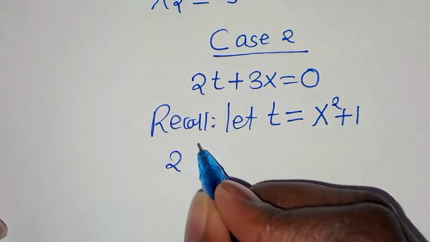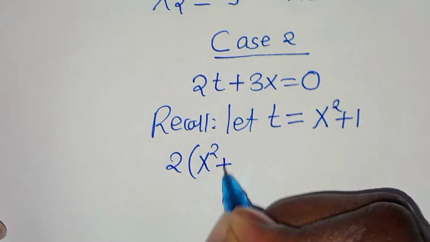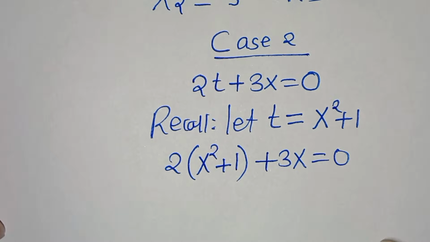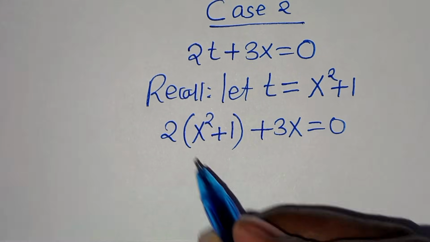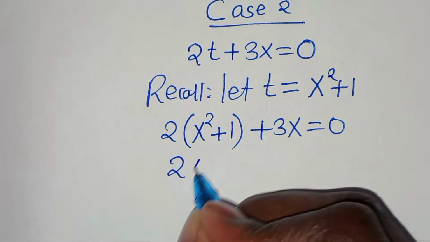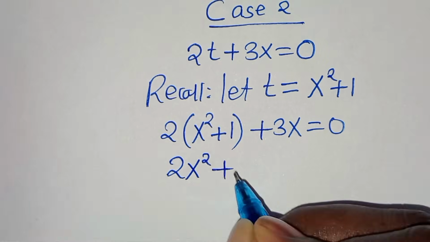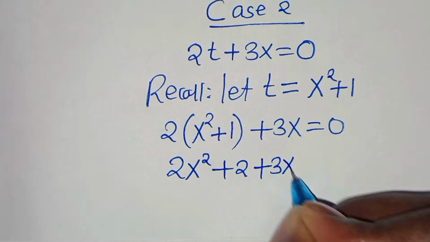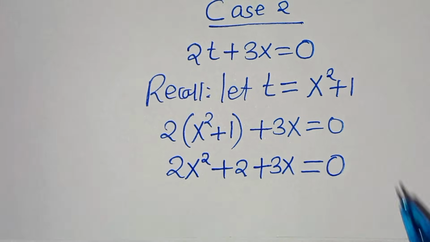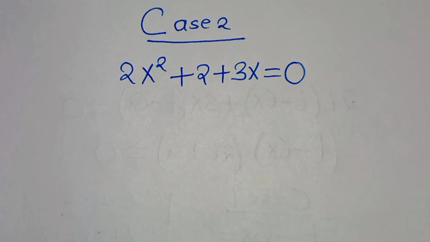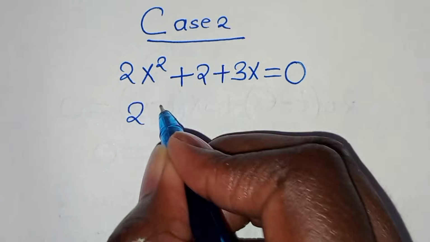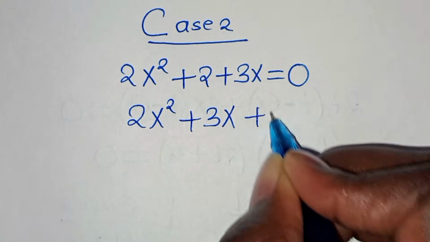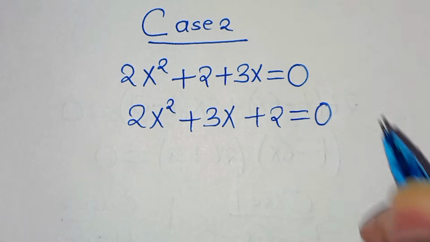So this is 2 multiplied by x squared plus 1, then plus 3x, equal to 0. Now, 2 times x squared is 2x to the power of 2, then plus 2 times 1, this is 2, then plus 3x, equal to 0. So this is 2x squared plus 3x plus 2 equal to 0.